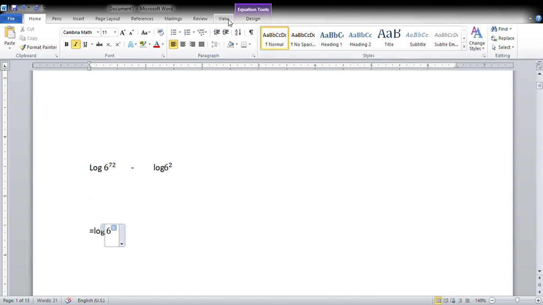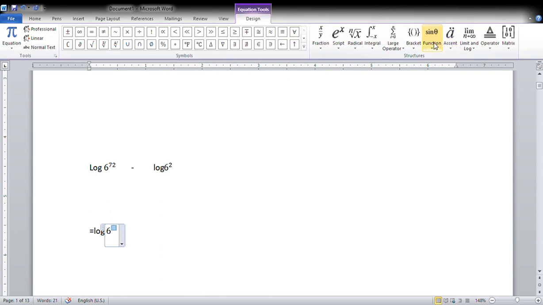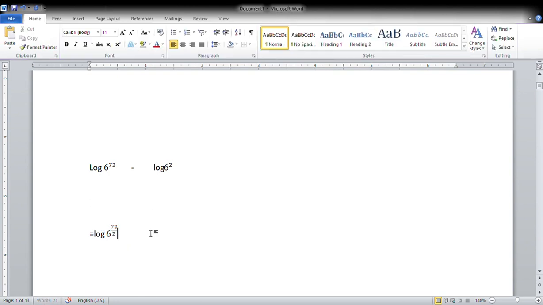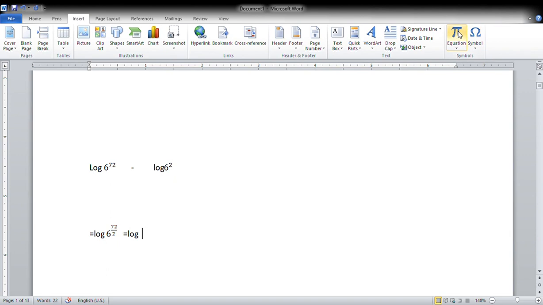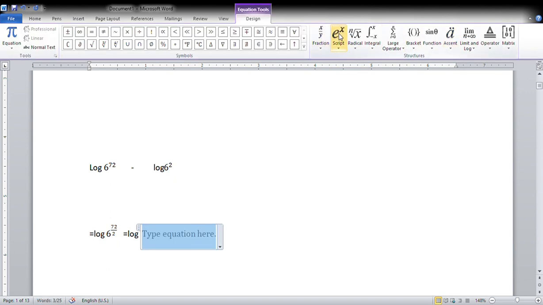And we can simply make a division of the logarithmic number, right? 72 divided by 2. So what comes in the picture? That means again we can write log with the base 6. What is the number? 36, right?